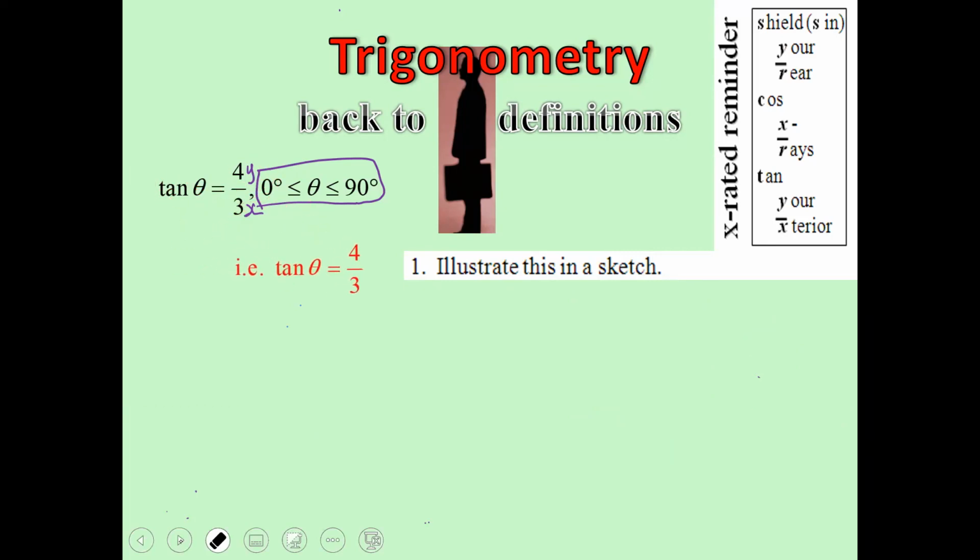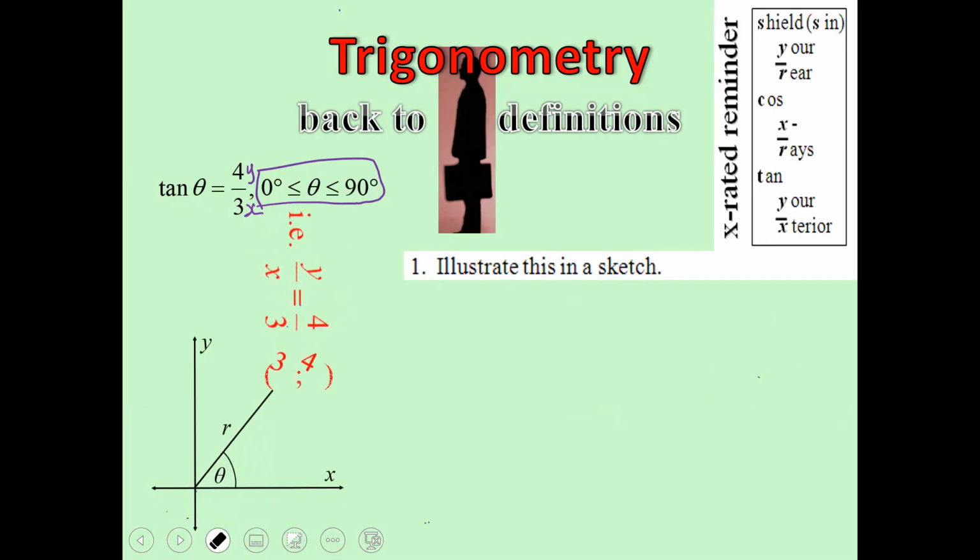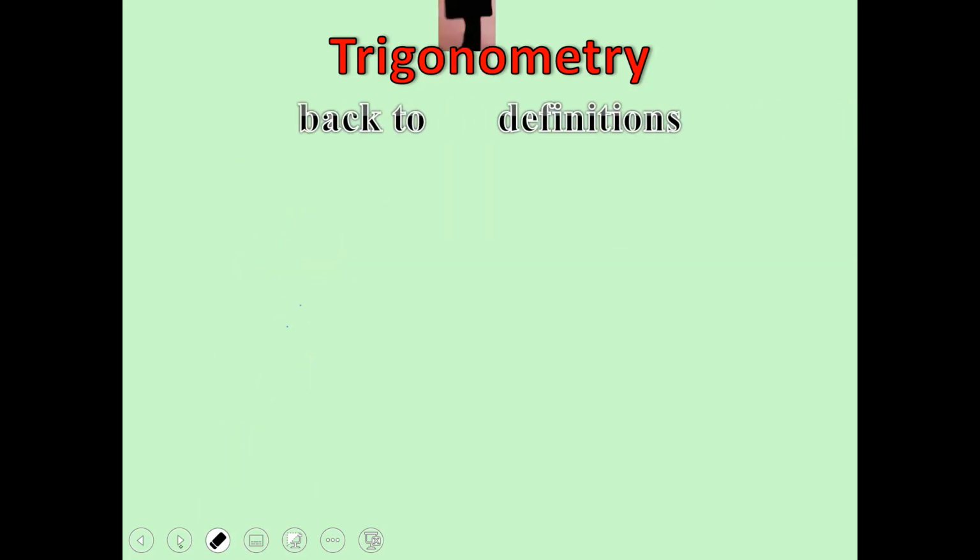Okay, so going back to the point, if they're giving you tan theta is equal to 4/3, that actually means Y over X in your Cartesian plane. So if we now put the diagram together, the Y value is 4 and the X value is 3.